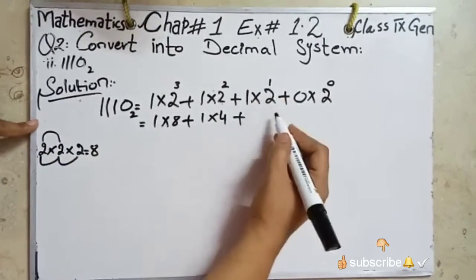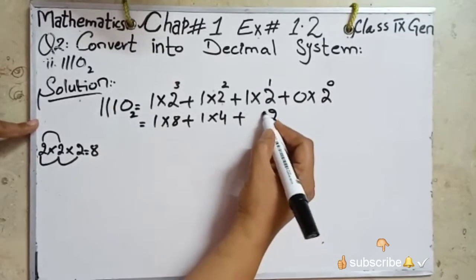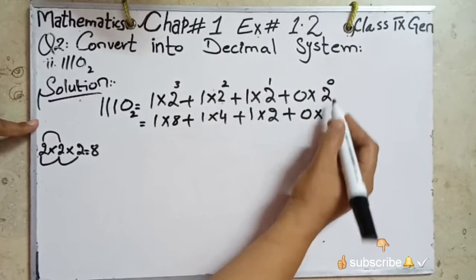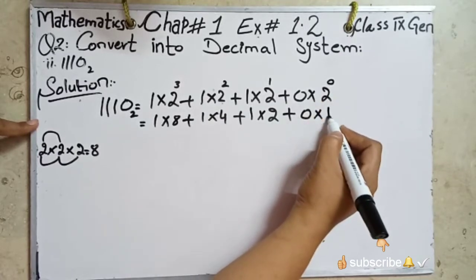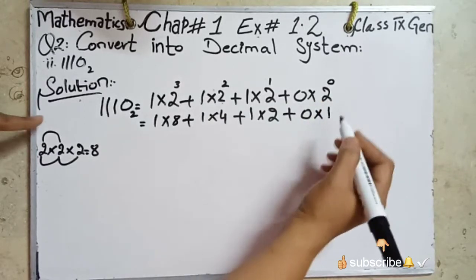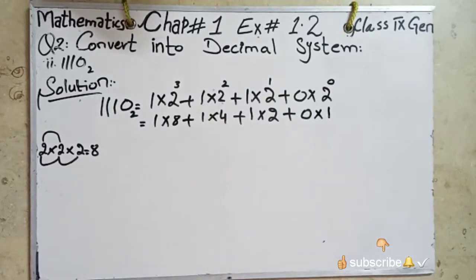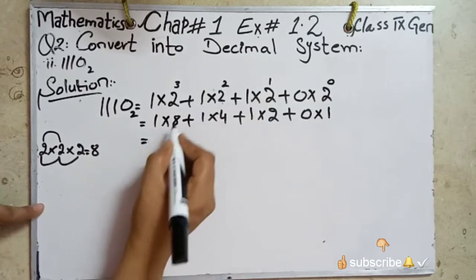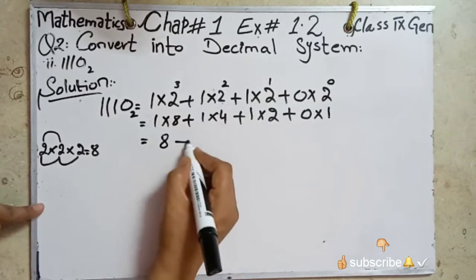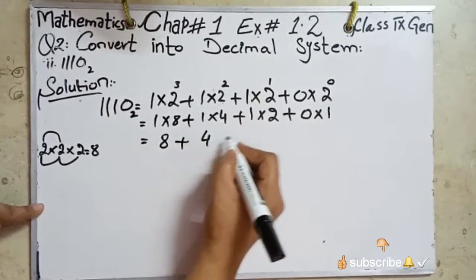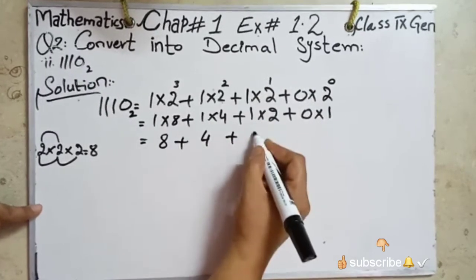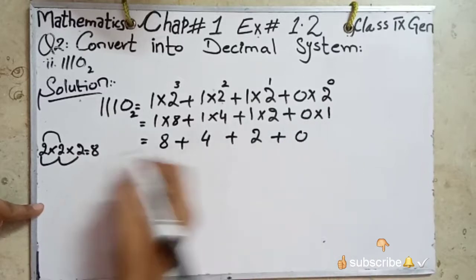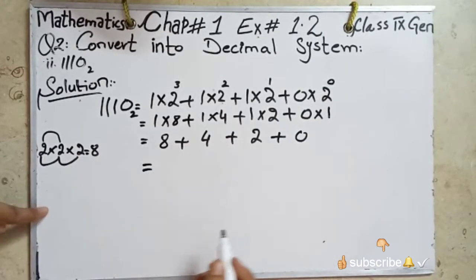Plus power 1 means 2 we have one time, 2 1s are 2. 0 multiplied by power 0, consider 1. 0 1s are 0. 8 1s are 8, plus 4 1s are 4, plus 2 1s are 2, plus 0 1s are 0.